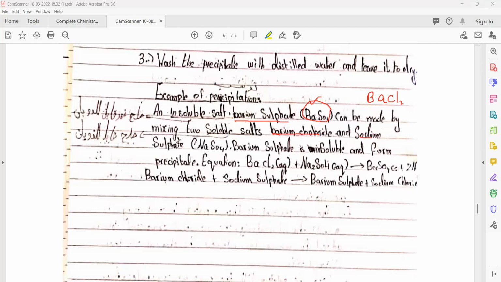You know very well, sodium, Na2SO4. These two. When these 2 salts combine together, then what do you get? You get barium sulfate, BaSO4, and also it gives you 2 sodium, Na.